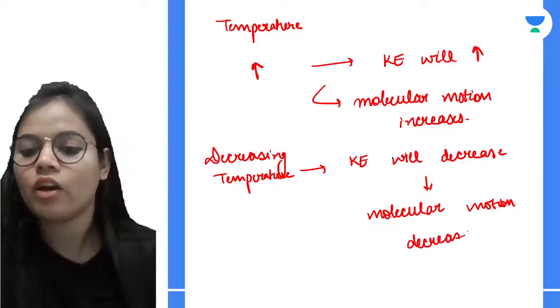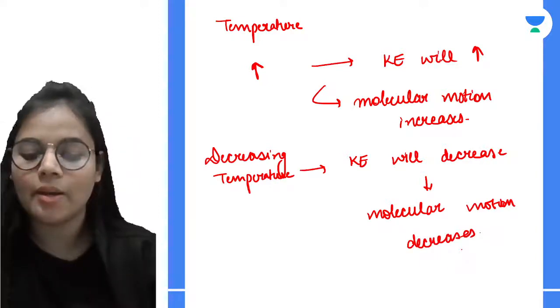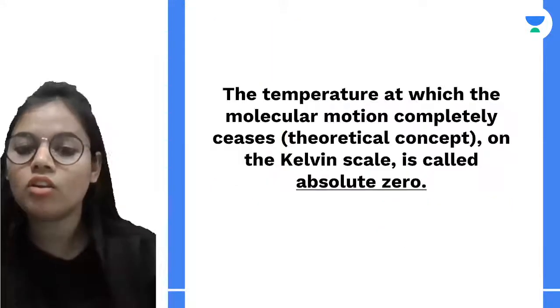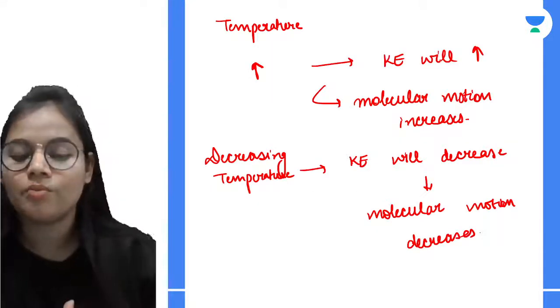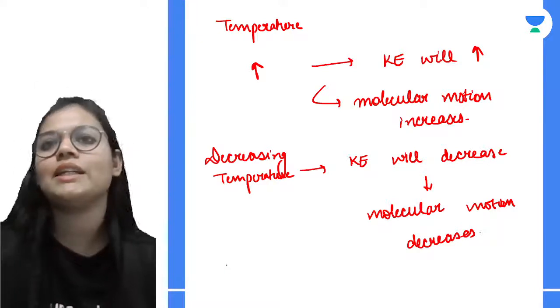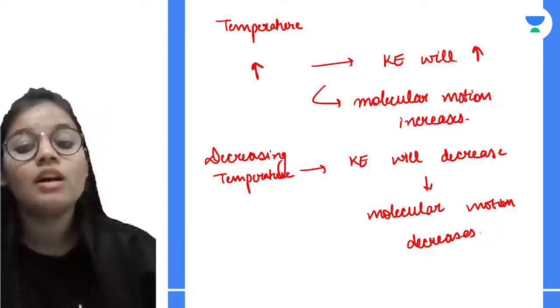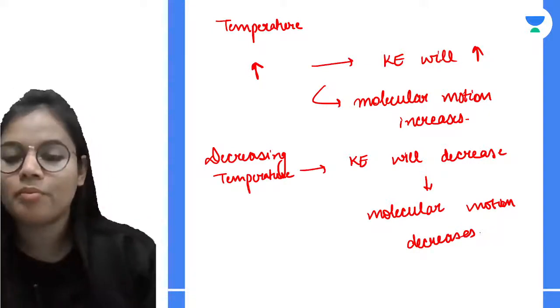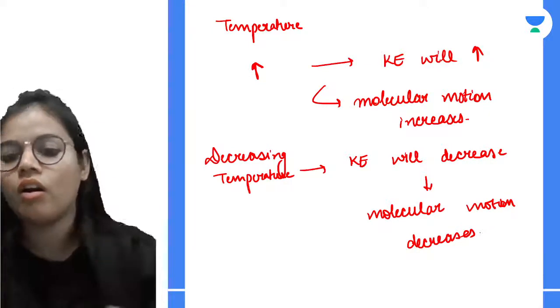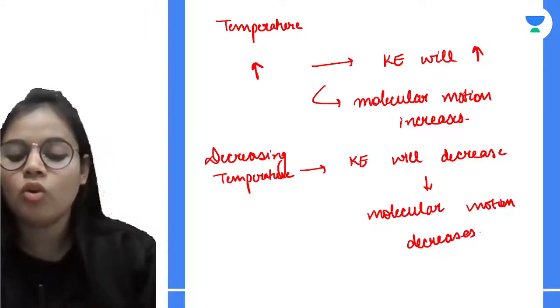According to this concept, what should be the molecular motion when the temperature is 0? When the temperature is brought down to 0, the molecular motion should stop, it should come to a halt.